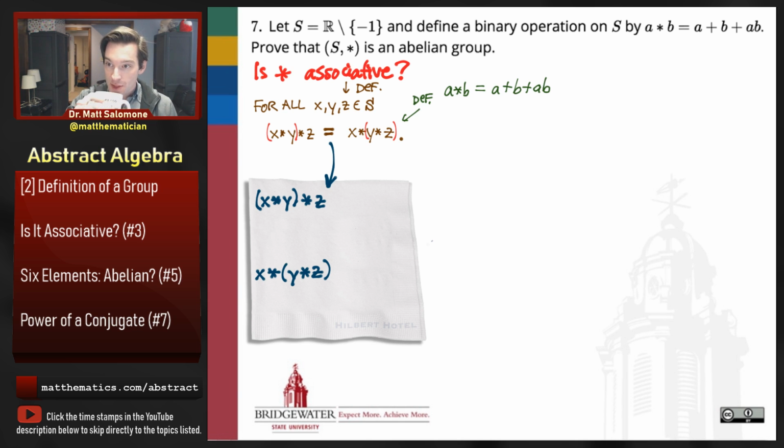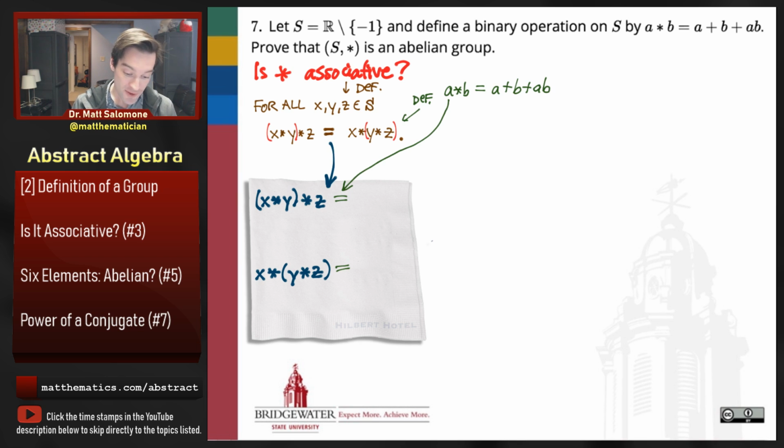We're going to need to plug in that definition to figure out how to turn these statements about weird star operations in a group into statements about comfortable, old-pair-of-jeans addition and multiplication with real numbers. That's the only way we're going to get anywhere, because otherwise we don't know what star even means.